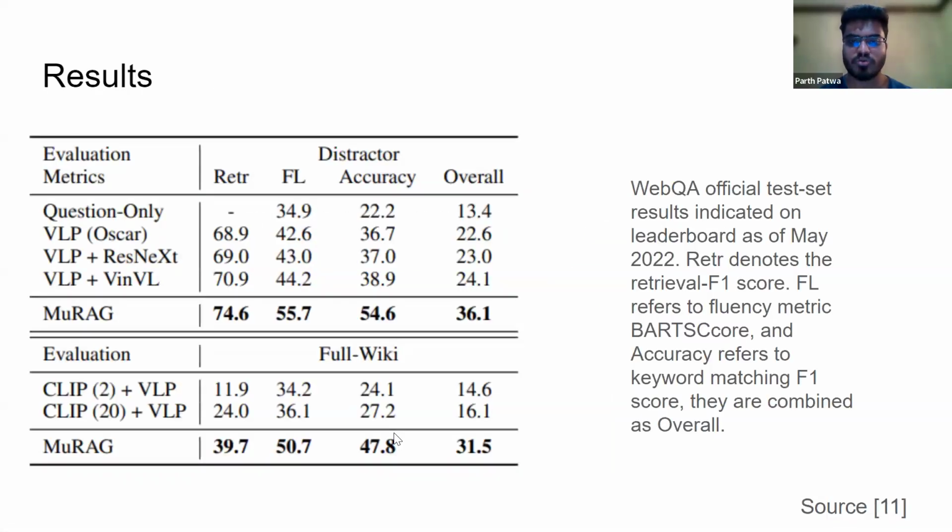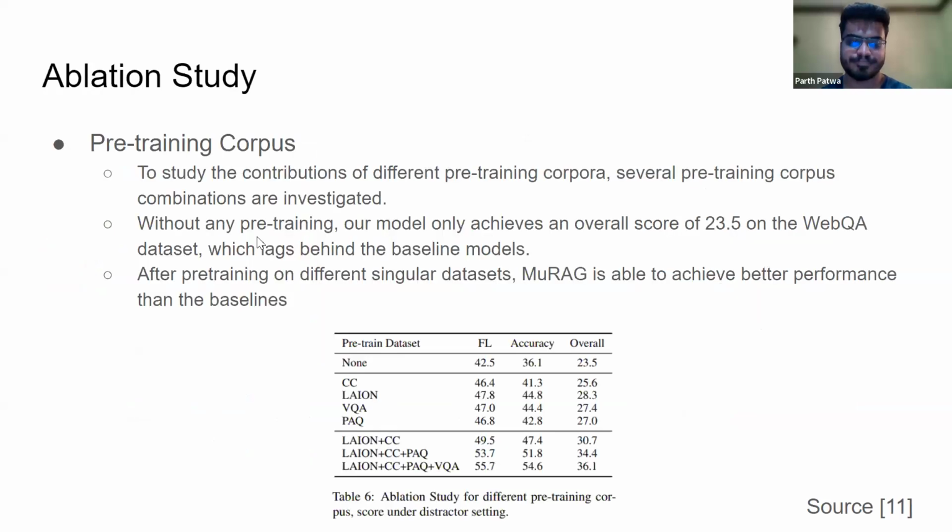So on a web question answering dataset, MuRAG has state-of-the-art performance and outperforms many baselines in accuracy over retriever and so on. And finally, we see that they are pre-training the backbone.